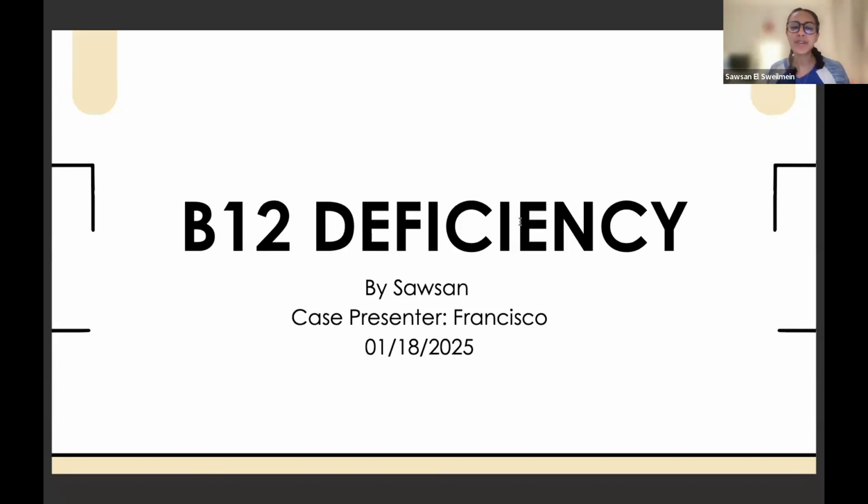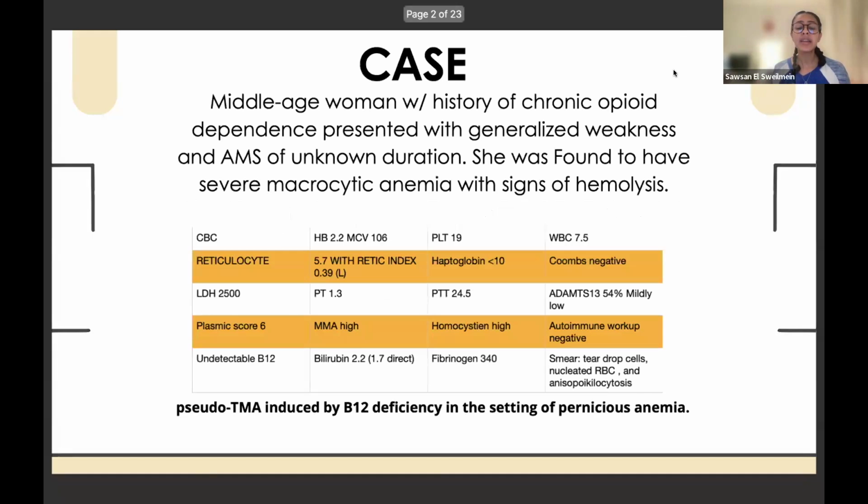Okay. So, I'm going to be talking about B12 deficiency, and I chose a case that was presented by Francisco on an IMG VMR with Cleveland Clinic. We started with a middle-aged woman with a history of chronic opioid use dependence who presented with generalized weakness and altered mental status of unknown duration.